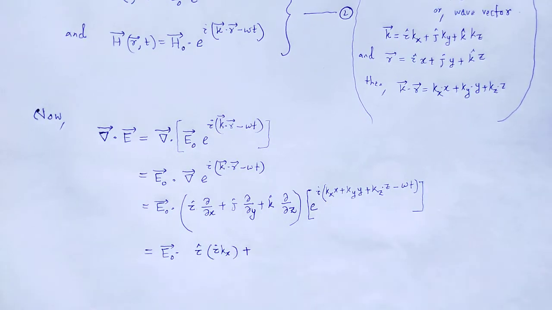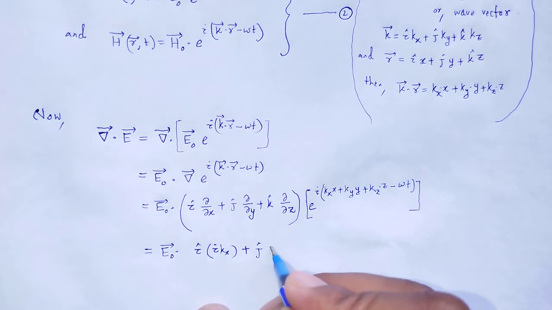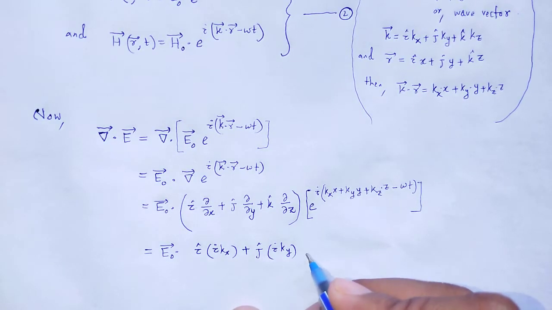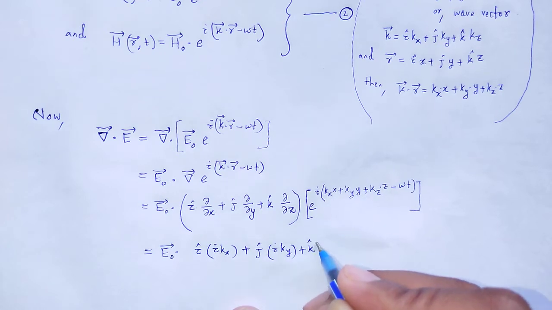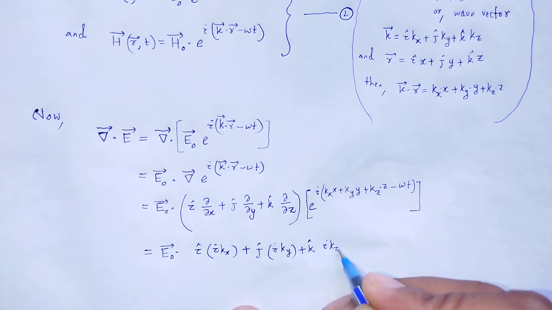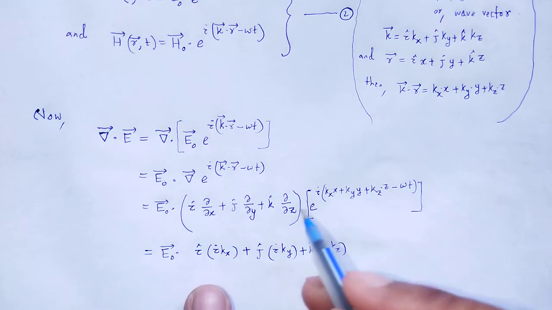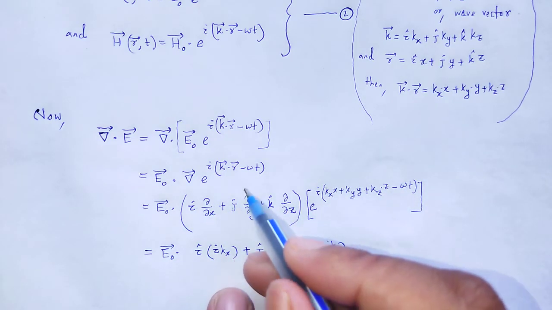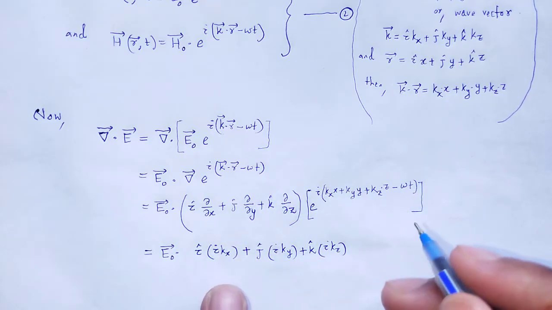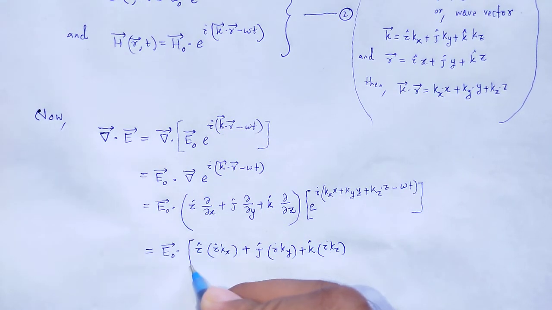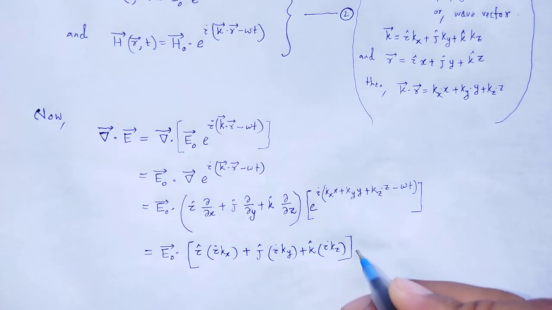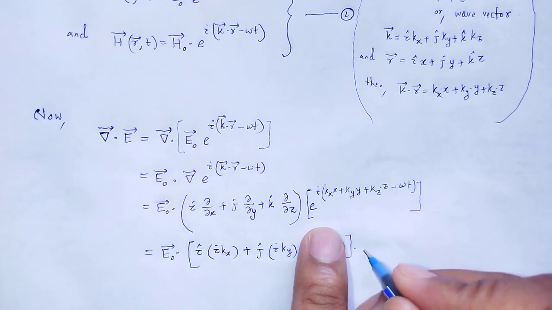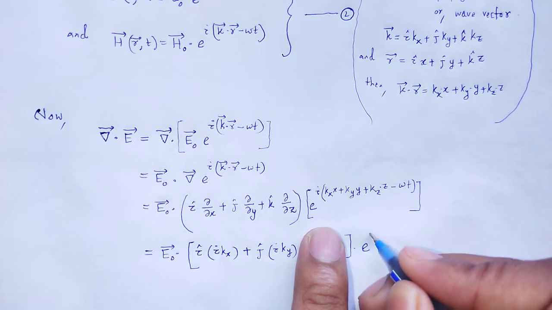So, for the other terms, j cap i ky plus k cap i kz. As you differentiate that entire term with individual terms, we have that term as, taking i outside, equal to i e to the power i.